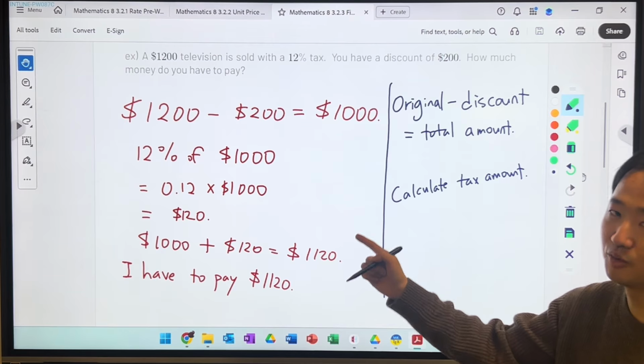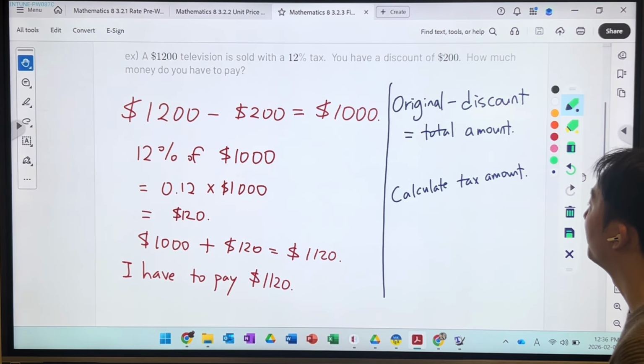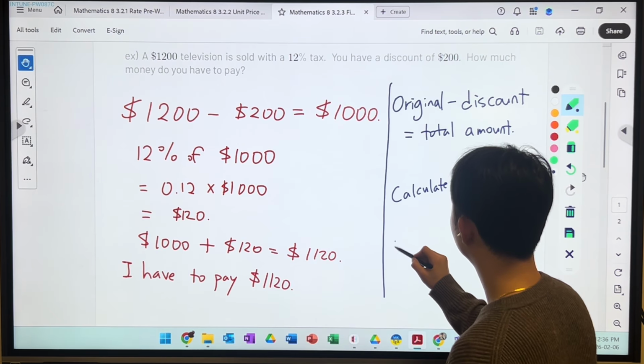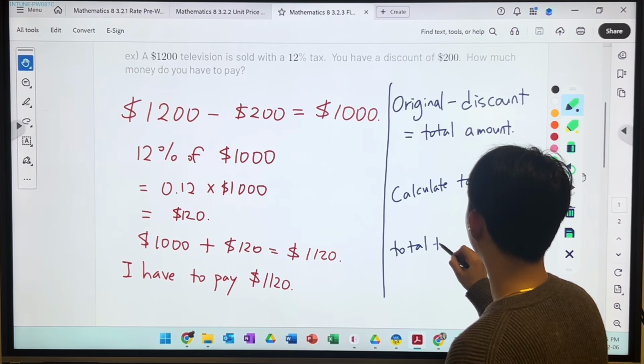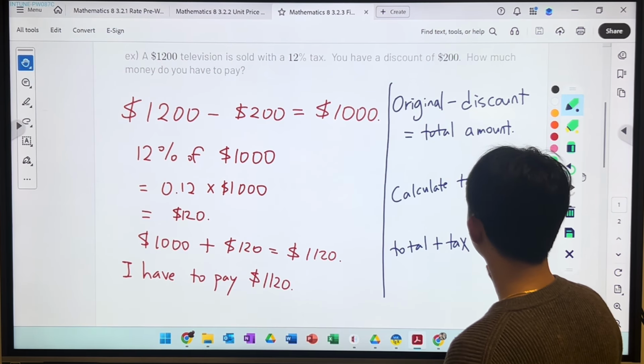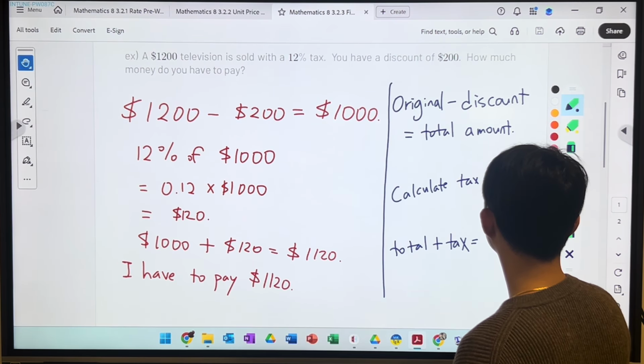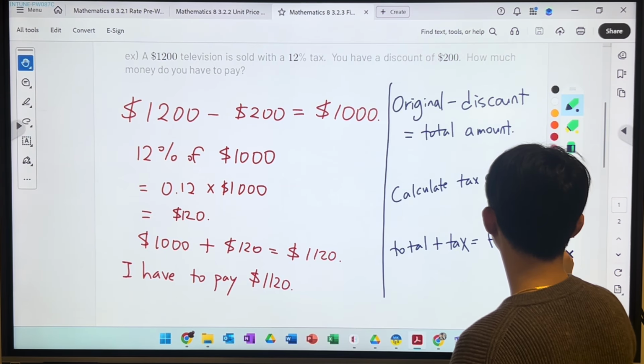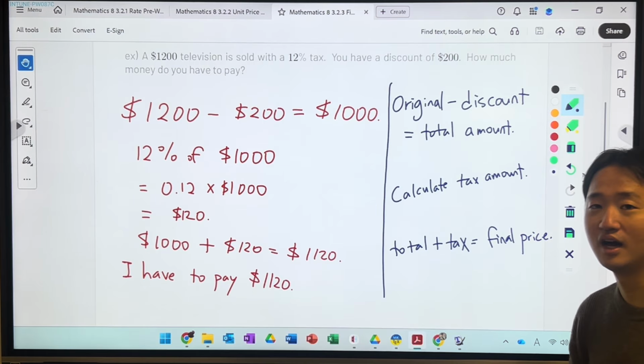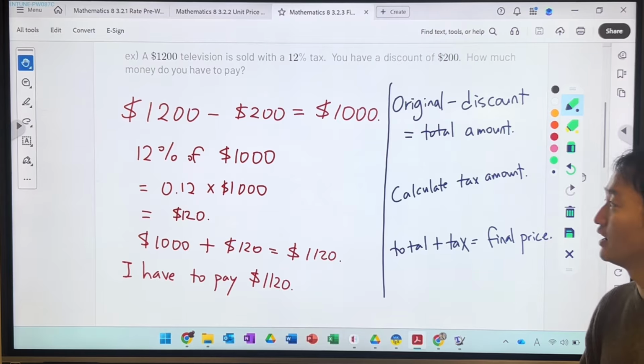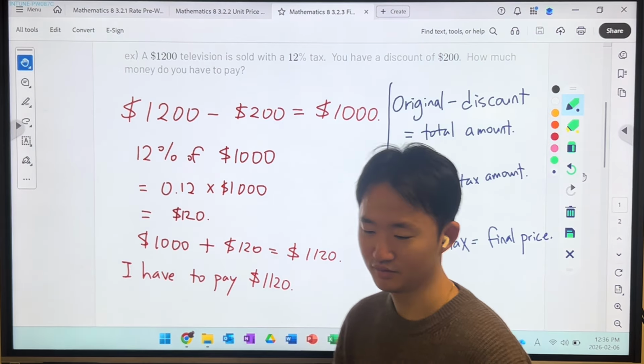Afterwards, I add the total price and the tax amount, total plus tax, which is equal to the final price. And that tells me how to calculate the final price that I have to pay.